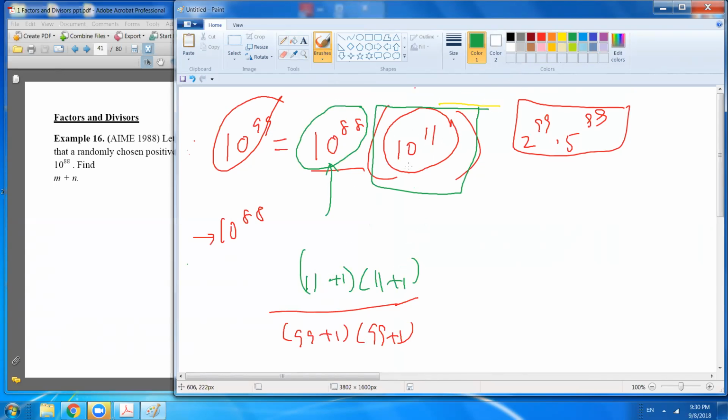That many factors are multiples of 10^88. We take it because we take it out. So anything inside, anything in this part. So we just calculate the number of factors for this one. Is that clear? How we solve this? This is the one. Okay.